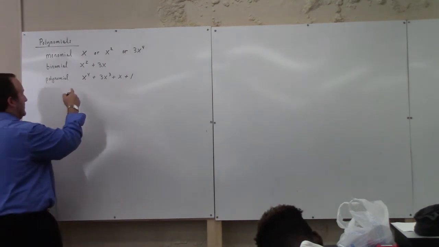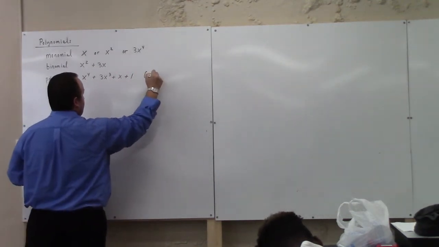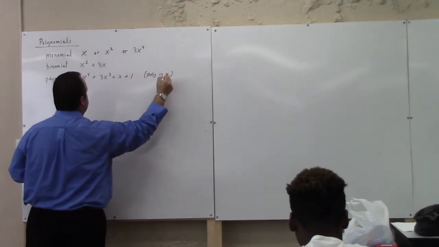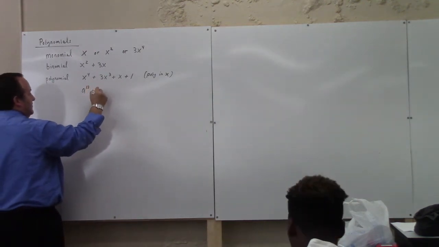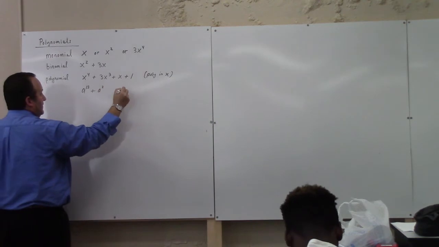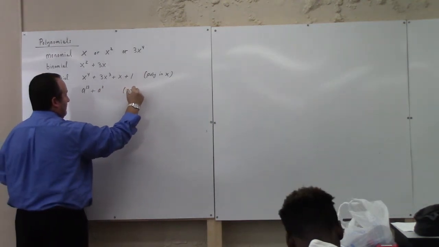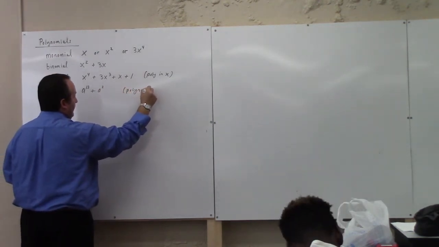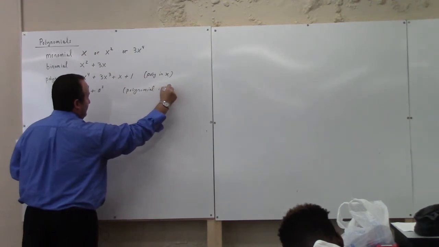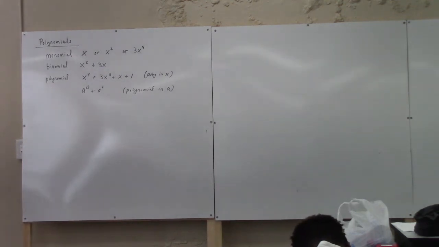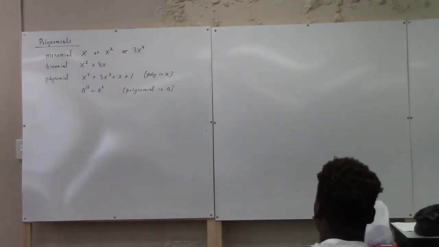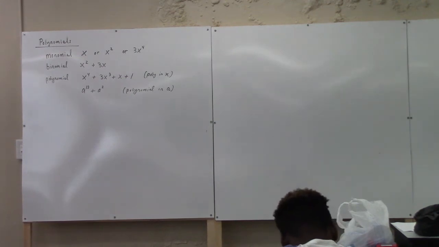Like this is a polynomial in x. You could also have something like a to the 13th power plus a squared. This would be a polynomial in a. Right? So some of your homework is in terms of x. Some of your homework is in terms of other letters like v. But the same rules govern no matter what letter we're using, okay?